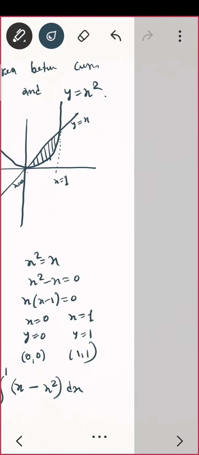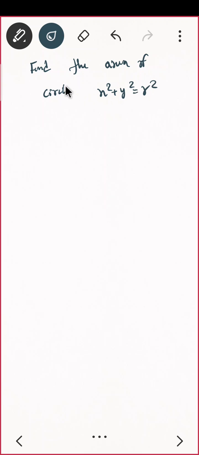I'll give some more questions. You already know what is the area of a circle. You just find this out. Maybe I'll put homework.